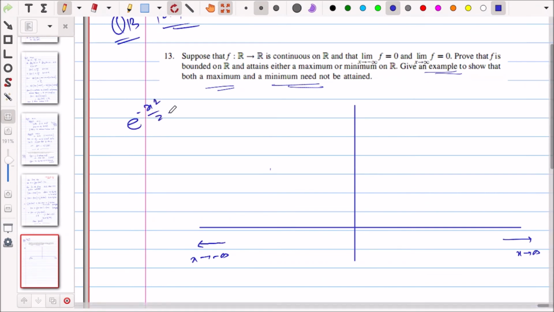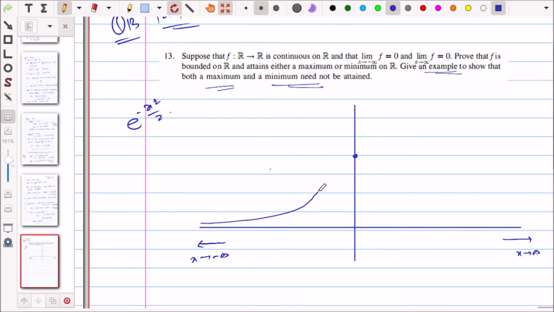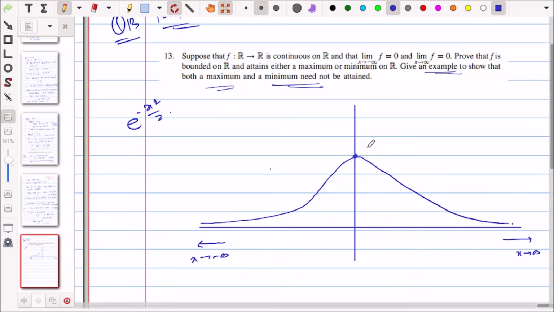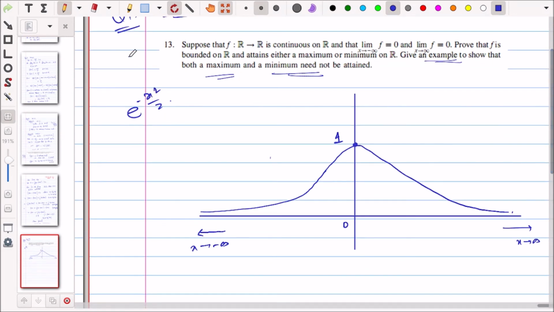This function on the interval R satisfies this, and it has the maximum value 1. It will attain 1 at some point, then it will drop and go like this. The maximum value of this function is 1, which is attained at 0. So one example is this Gaussian function.